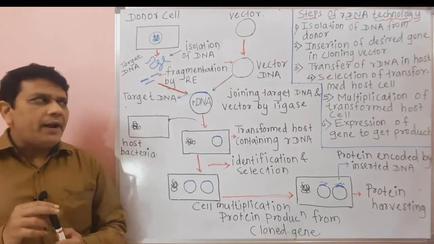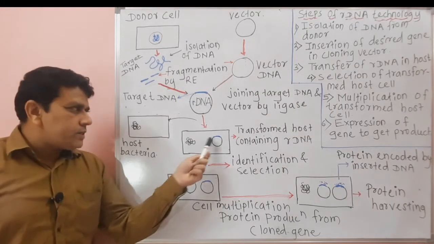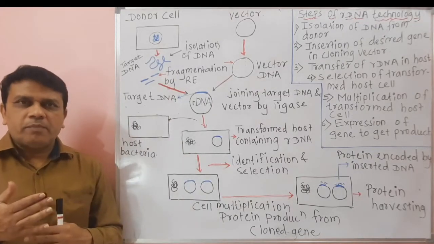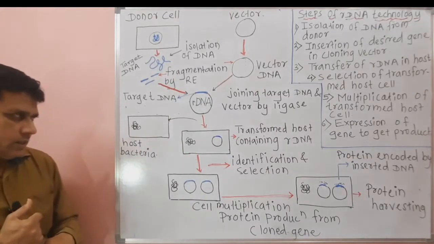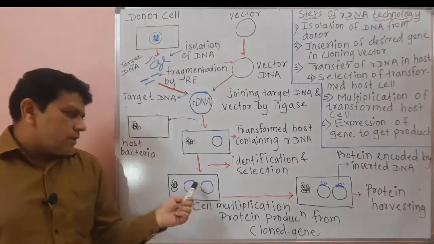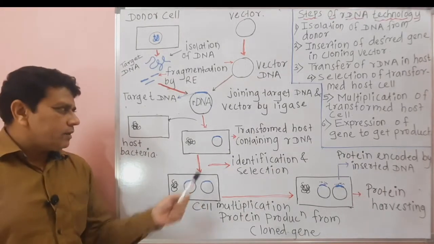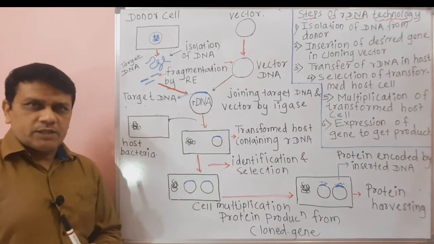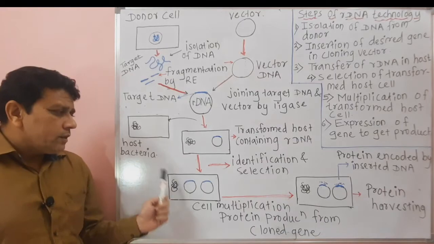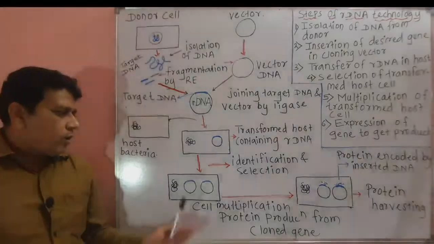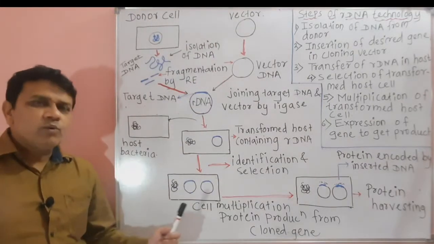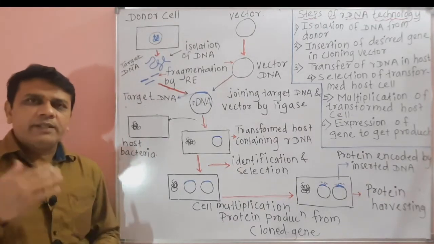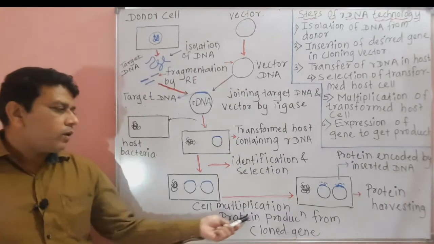A number of identical copies of these transformed host cells are produced by the multiplication. Here we can see that the plasmid has undergone replication. Then the multiplication of cells occurs, and you know that gene expression occurs by the formation of particular proteins.